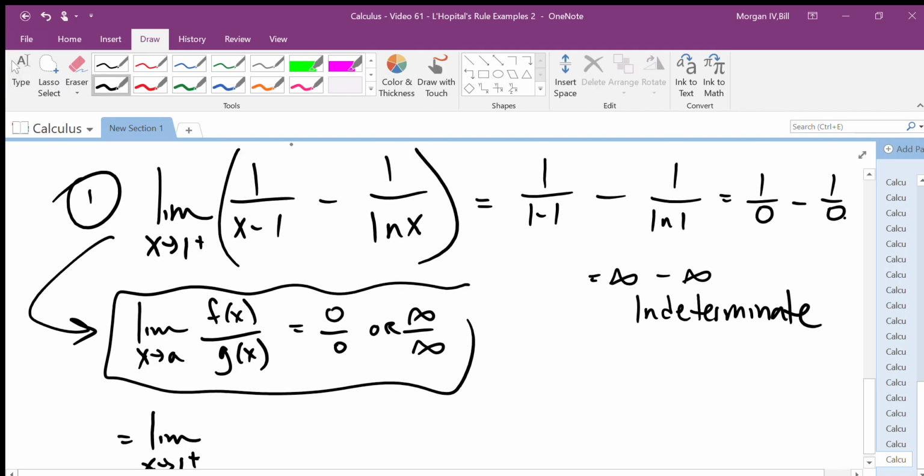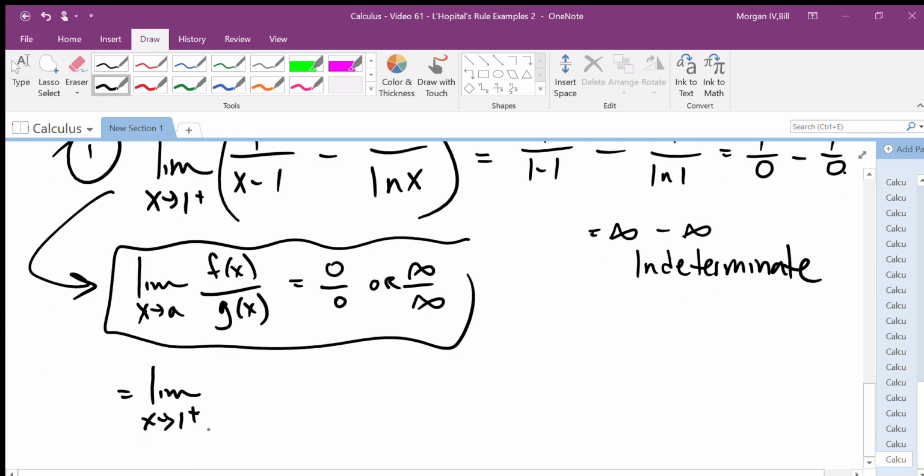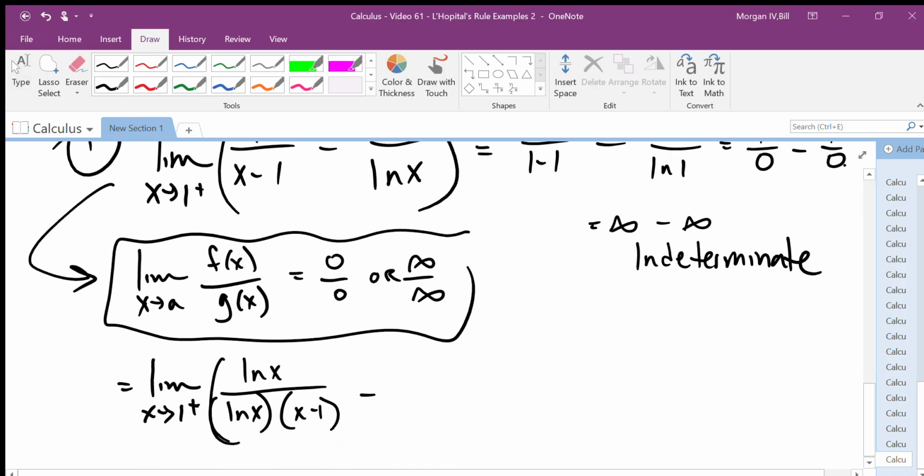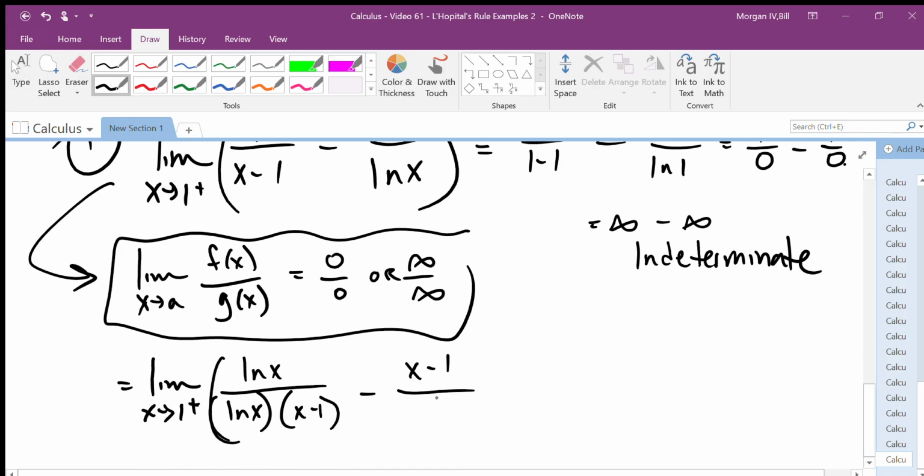That means the fraction on the left here would need a natural log of x top and bottom. And the fraction on the right would need an x minus 1 top and bottom.